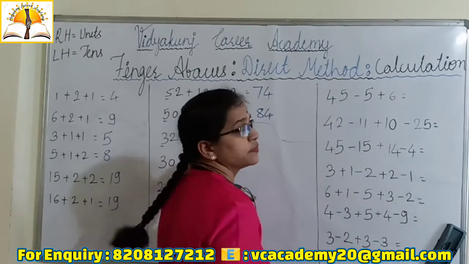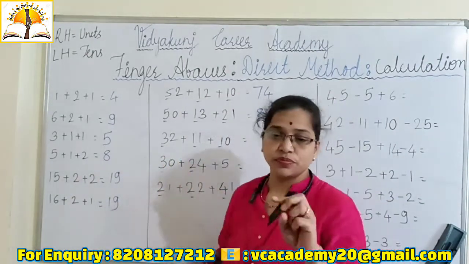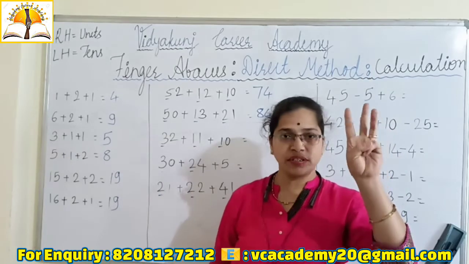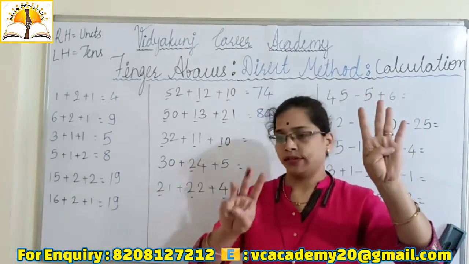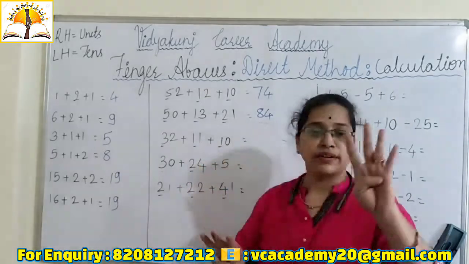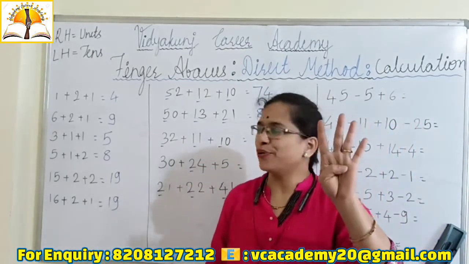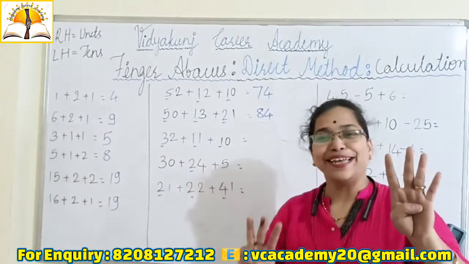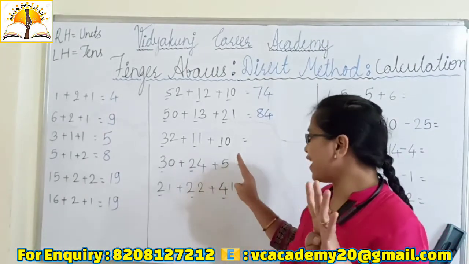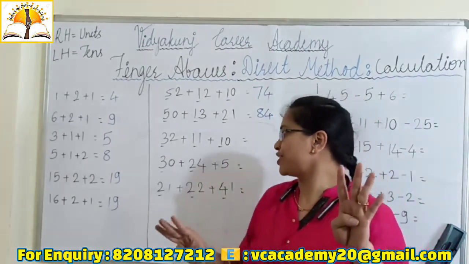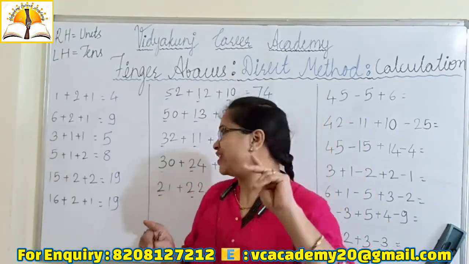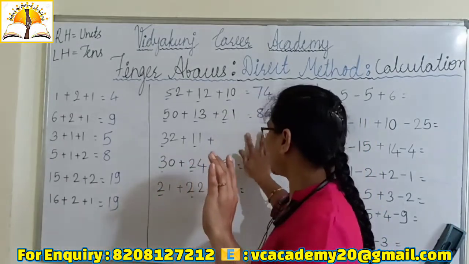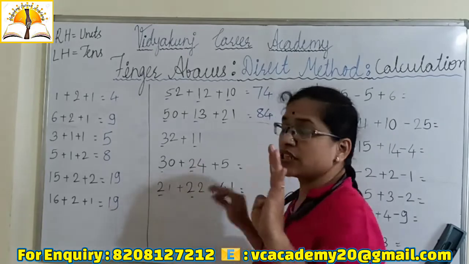Yes, see here. 32: 10, 20, 30, then 2. 32, 11. Next number 10. Then how do we have to represent it again? It comes under the concept of 5. If we want to add 1 here, then I will remove this number, because this is the concept of 5.